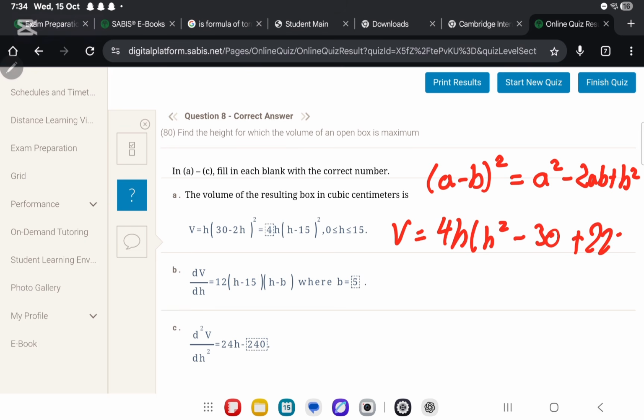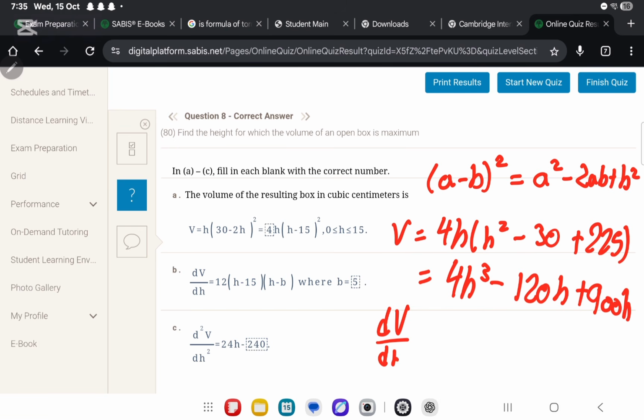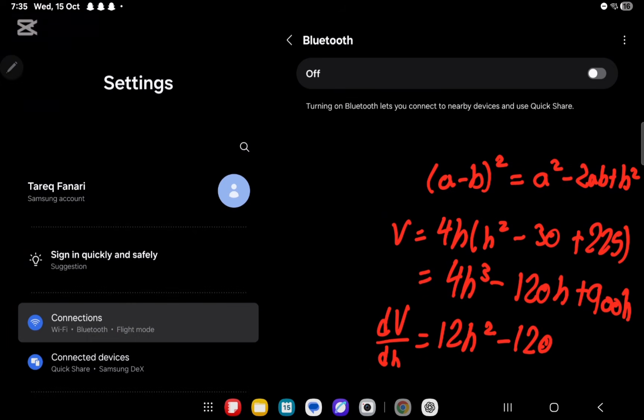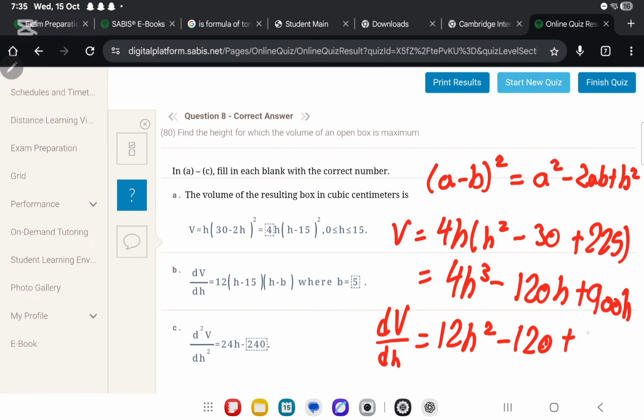You should know it. So now this is equal to 4h cubed minus 120h squared plus 900h. Now you can easily derive this: dv by dh is equal to 12h squared minus 240h plus 900. Wait, are these the same? Okay, yeah, that's apparently right.